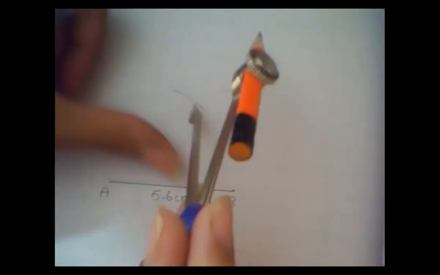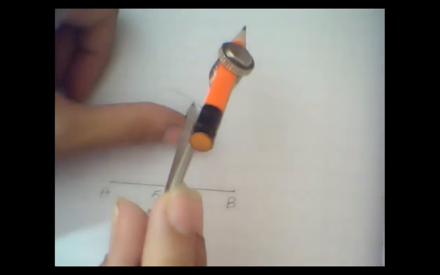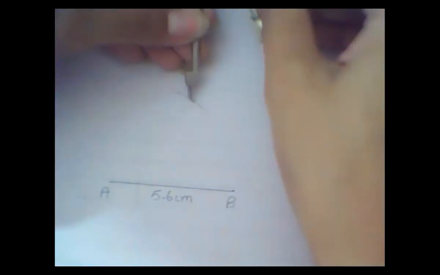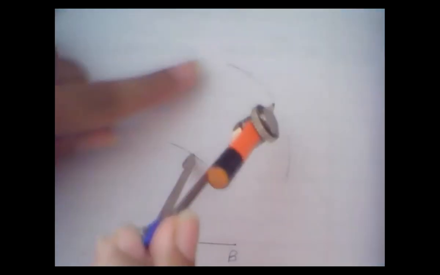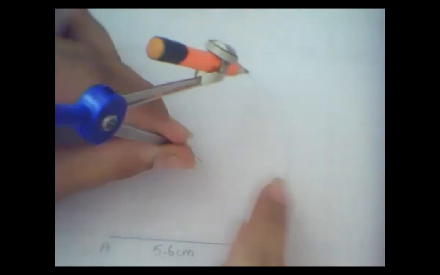Now put the compass on this intersecting point and make two arcs, one on the semicircle and one above the semicircle, like this.